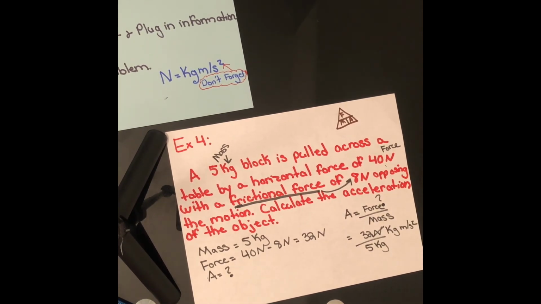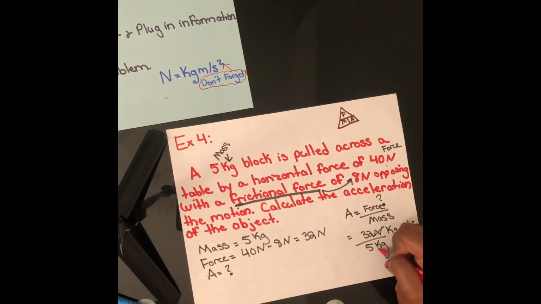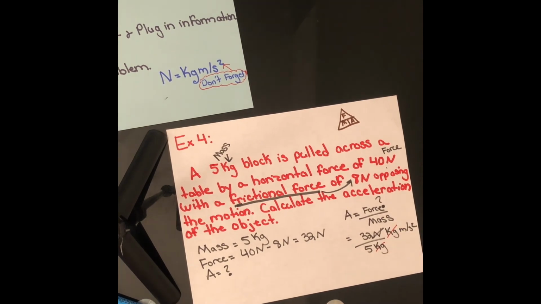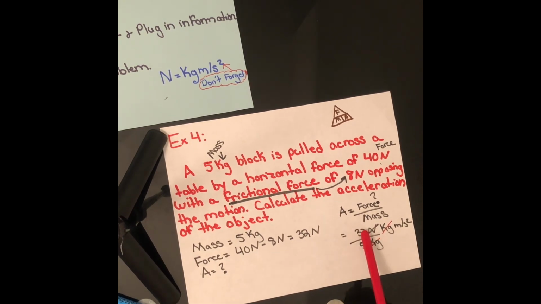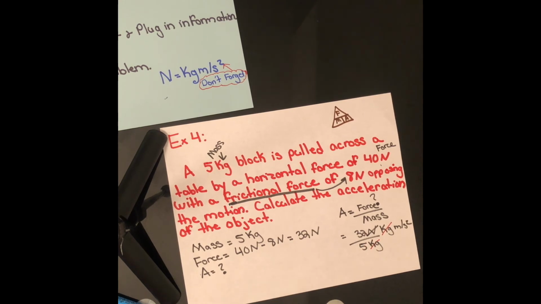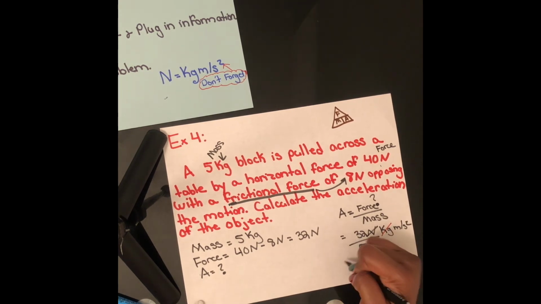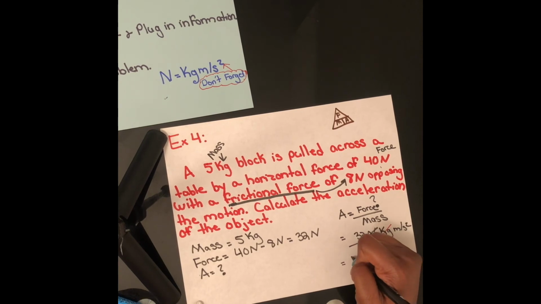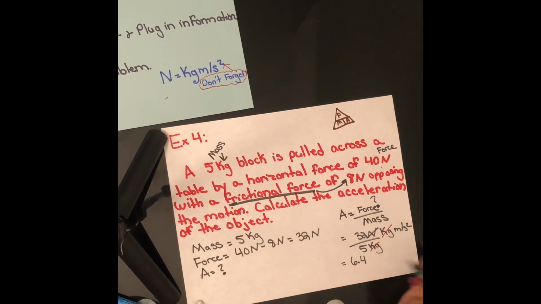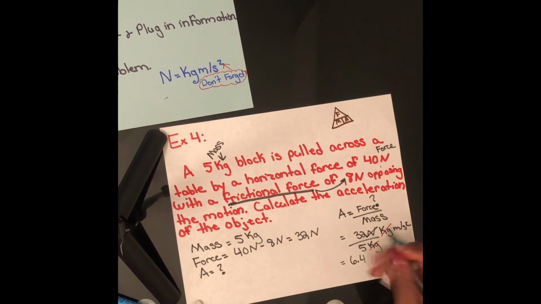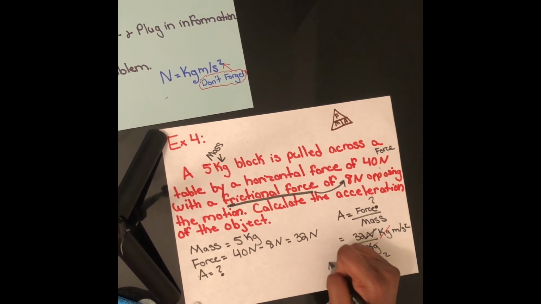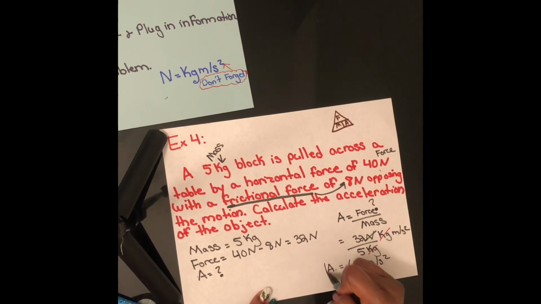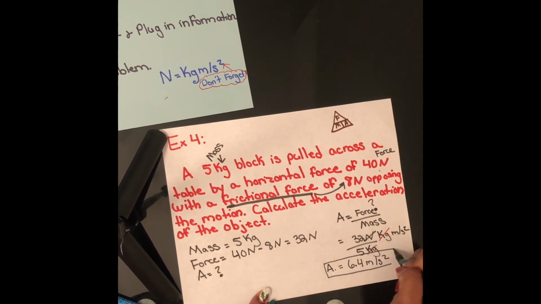Now that my conversions are the same, I see that both kilograms cancel each other out. I'm left with meters per second squared. That makes sense because we're dealing with acceleration. 32 divided by 5 is going to give us a decimal, still a number, of 6.4. Remember, we're working with acceleration, meters per second squared. Here is our answer, you guys. Super easy.